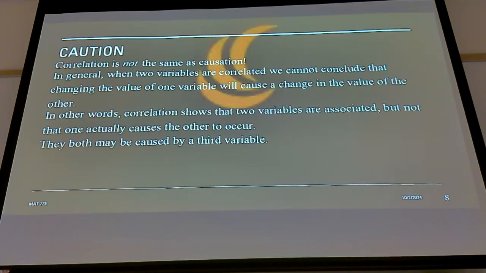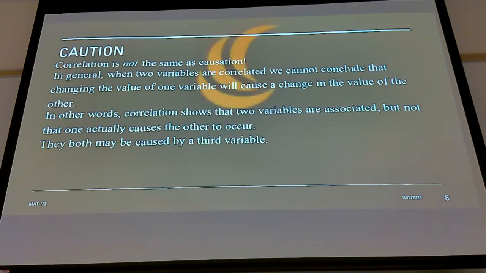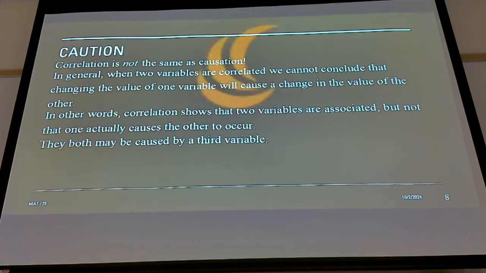They could both be caused by some outside third variable. Like the hotter it is, the more sales of ice cream you're going to have, and the more people who go swimming, which increases their chances of drownings.